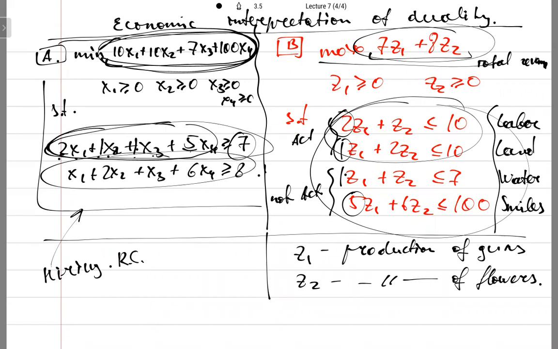So the first condition basically says that the resources used for production of 1 gun should give Robinson Crusoe not less than 7 rubles. If he sells his resources, then he should receive not less than the price of a gun.